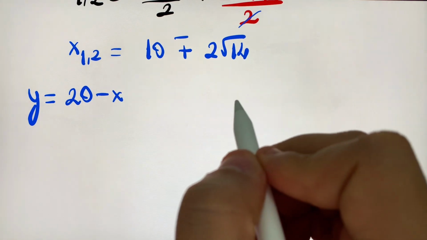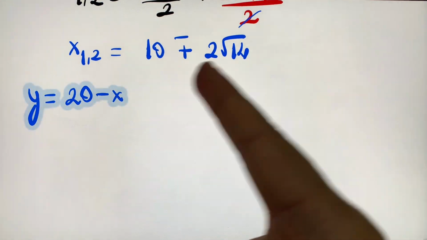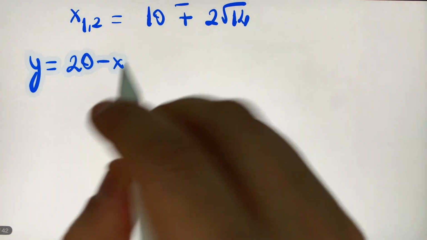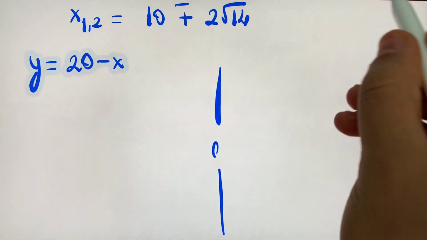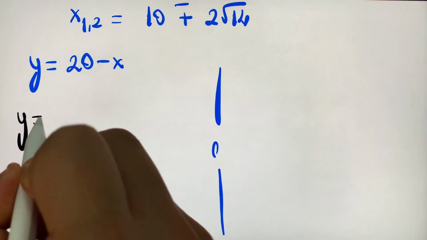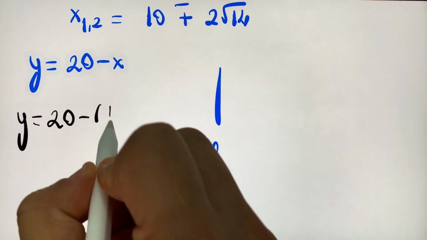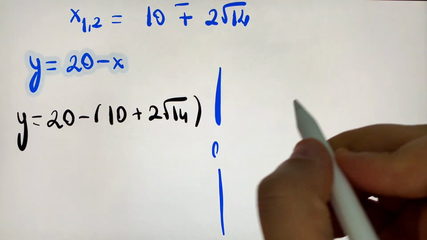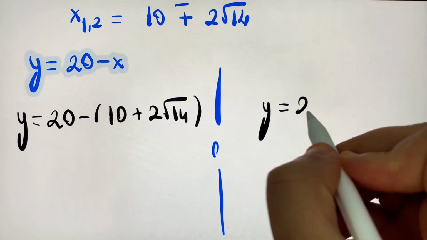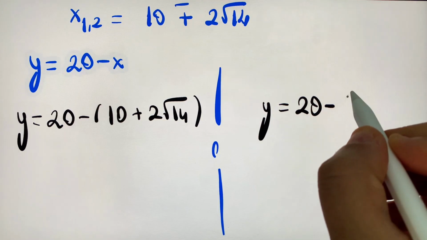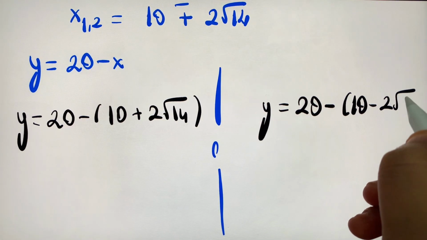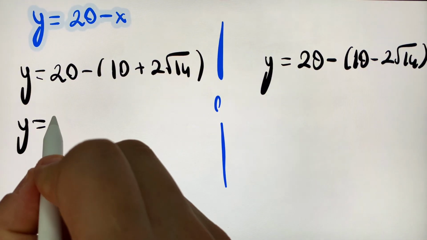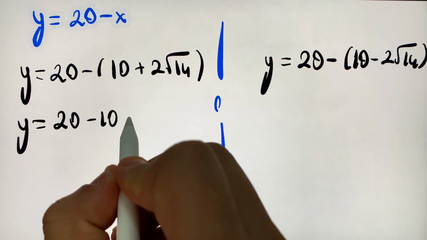I need to write the x values separately here. y equals 20 minus (10 plus 2 root 14), and y equals 20 minus (10 minus 2 root 14). Continuing this process, y is equal to 10 minus 2 root 14 in the first case.